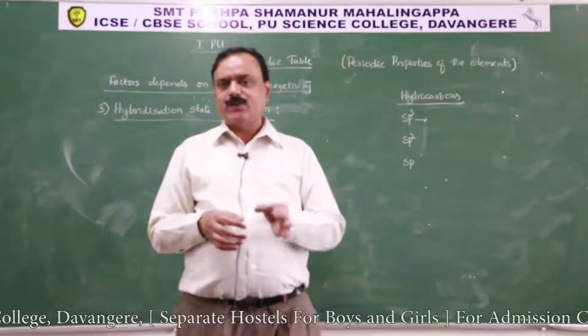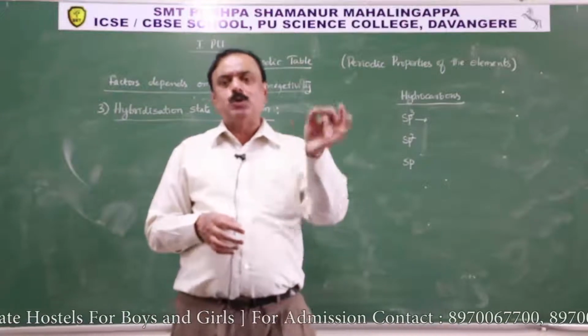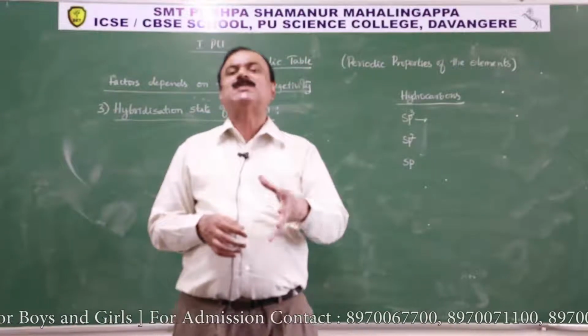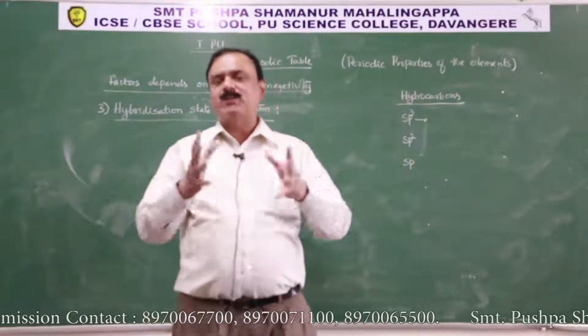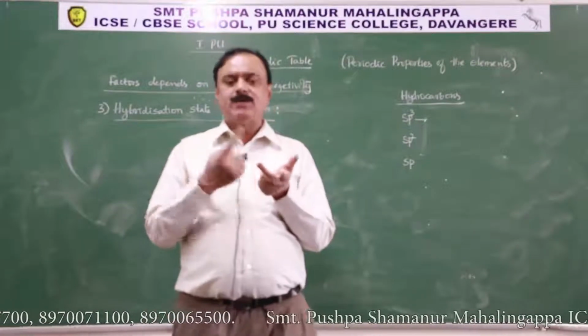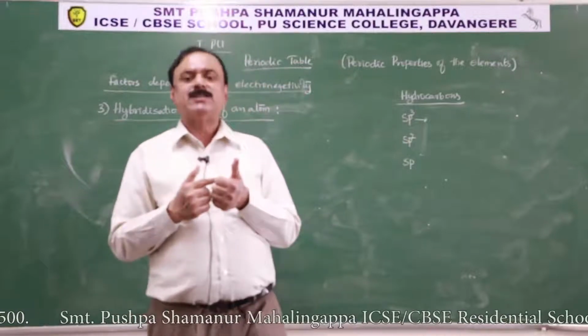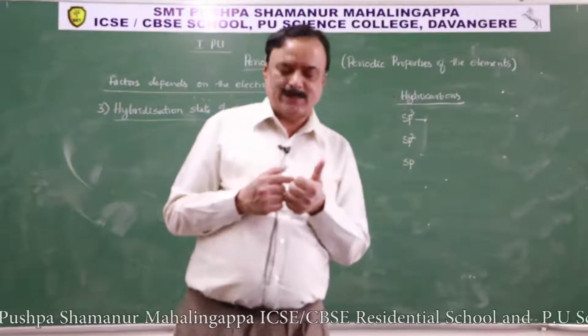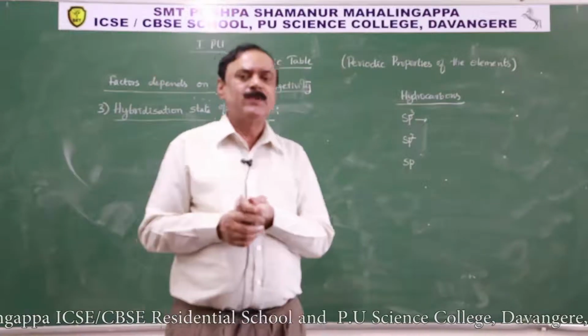Therefore, the attractive or repulsive force which holds two or more atoms together in the molecule of a substance is called a chemical bond. There are different types of chemical bonds that you know: ionic bond, covalent bond, coordinate bond, metallic bond, and also van der Waals forces of attraction, which are physical forces of attraction.